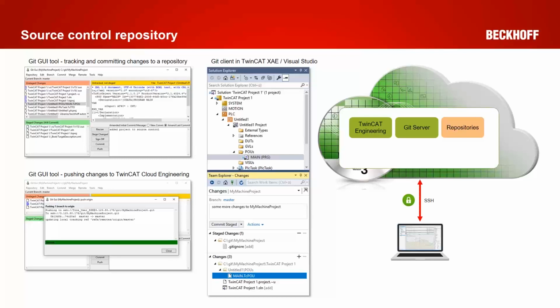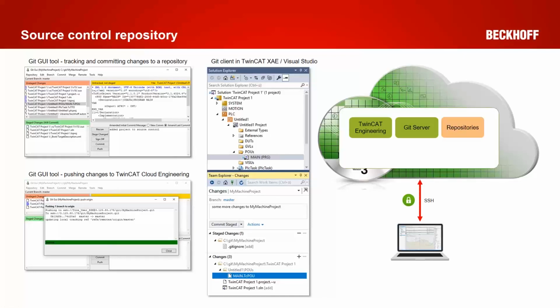But of course, you cannot only use the command line client, but you can use any Git client that you are familiar with. Maybe you want to use the Git client that is integrated into TwinCAT XAE, into Visual Studio, which is, of course, possible. You can also use the graphical user interface from Git itself, which is installed together with Git.